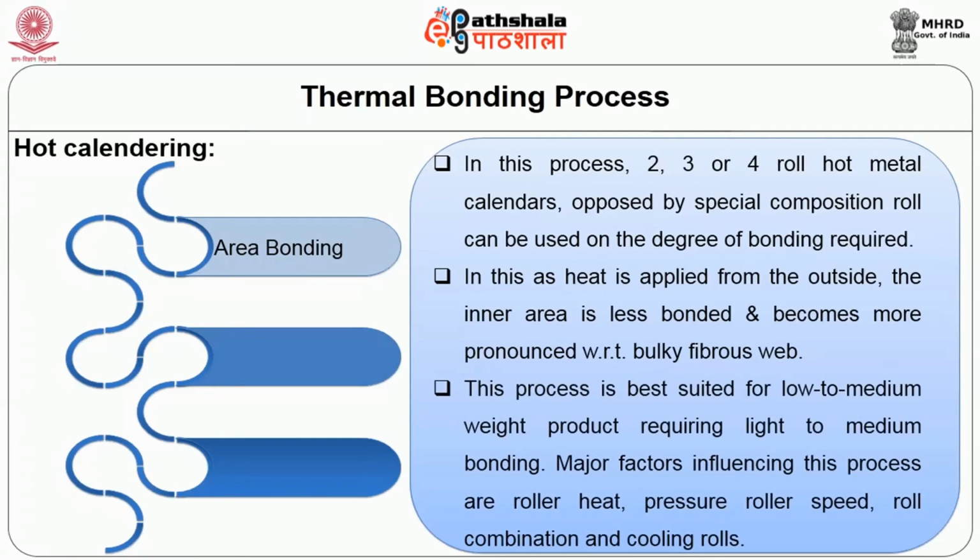This process is best suited for low to medium weight products requiring light to medium bonding. Major factors influencing this process are roller heat, roller pressure, roller speed, roller combinations and the cooling temperature of the rolls.